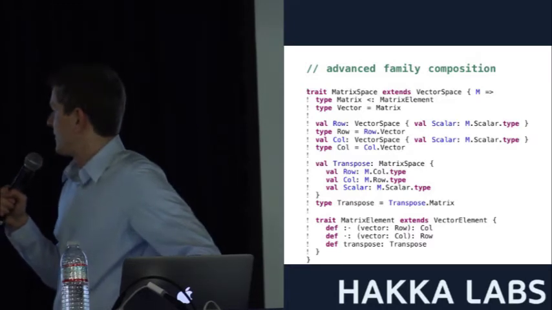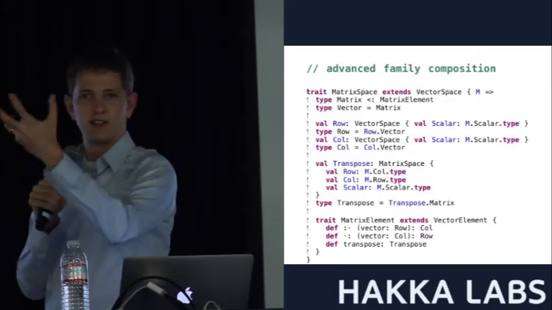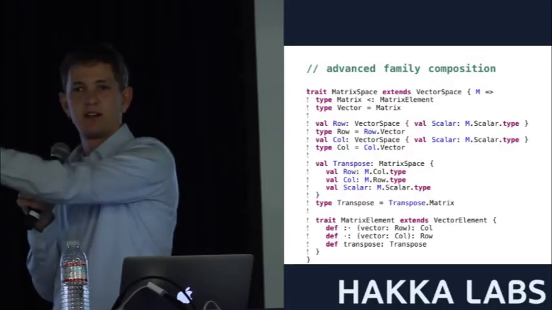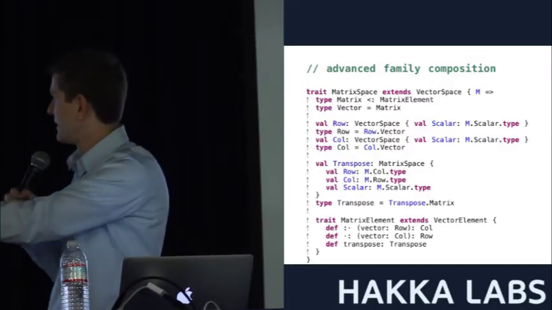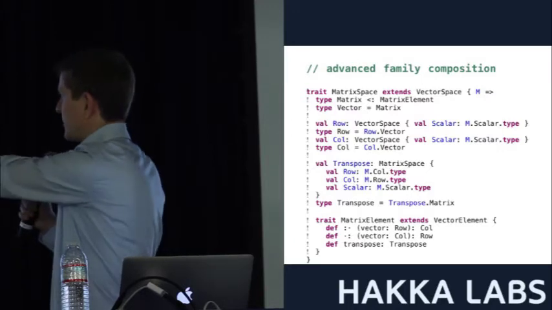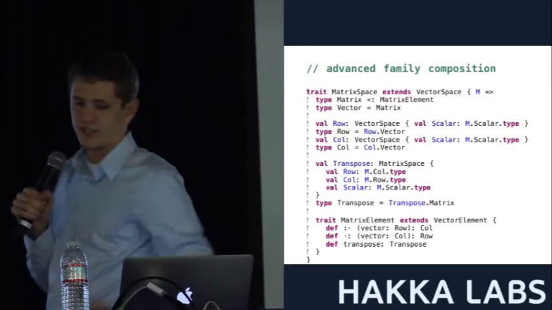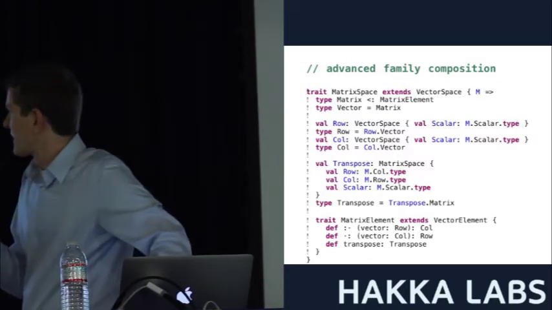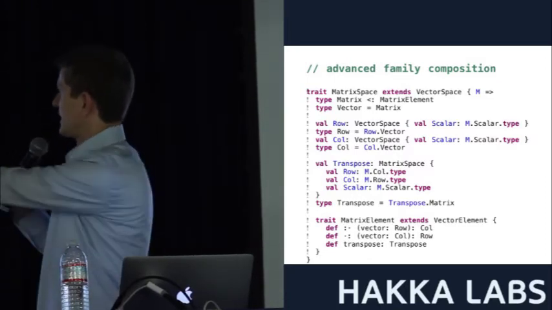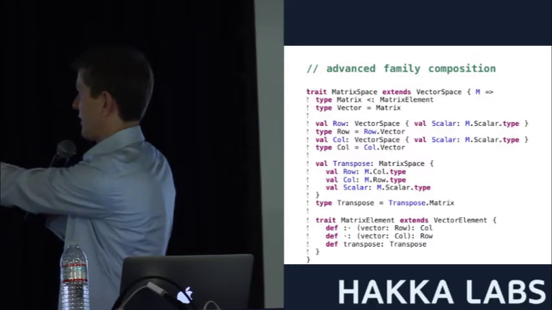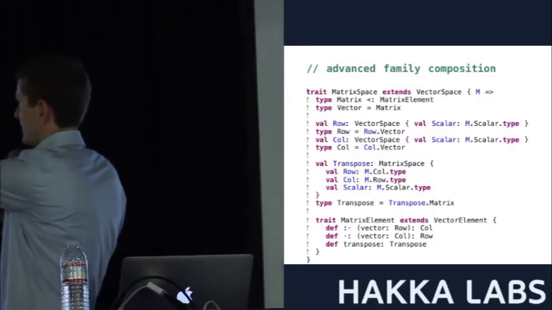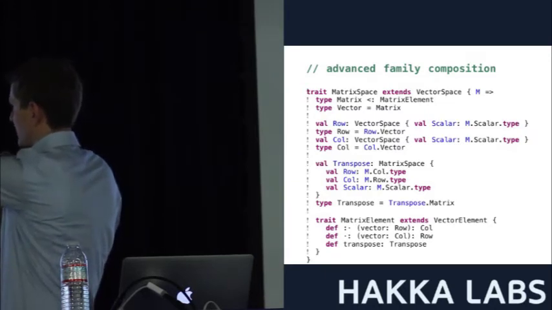Like with the vector space, we define the scalar field on which it depends as a value, and we use types dependent on the path of that value. So we're going to do the same. We're going to compose a row space here, and we're going to say that's another vector space. But importantly, the scalar field of the row space is the same as the scalar field of the matrix space itself.